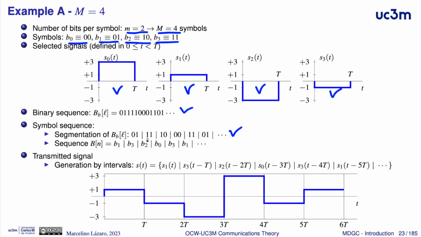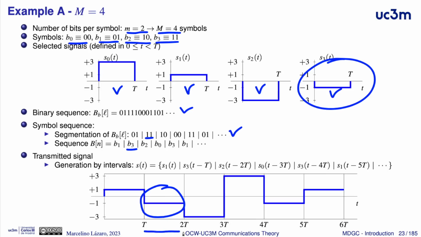Then the second pair of bits, the second symbol, is 11. This is B3. Therefore, the signal that we have in the second symbol interval is S3. Of course, shifted, delayed to have a support in the corresponding symbol interval. In this case, from T to 2 times T. The next symbol, the next pair of bits, is 10.